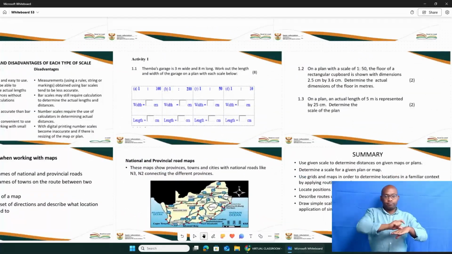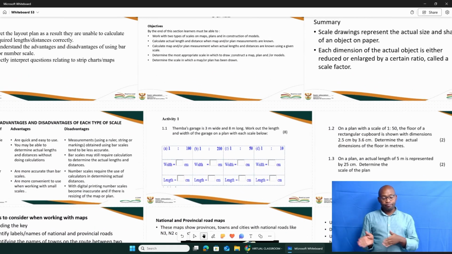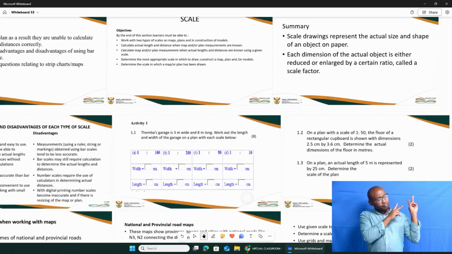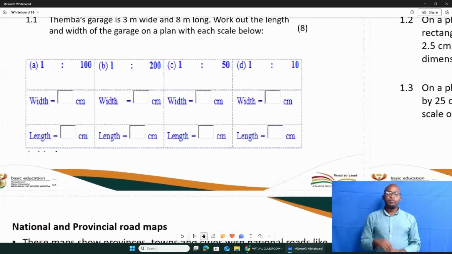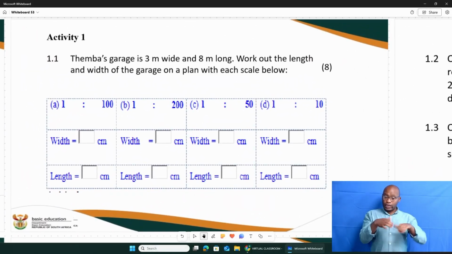Let's have a look at the activities on scales and the reality of this activity. For example, this one: Temba's garage is 3 meters wide and 8 meters long. Work out the length and the width of the garage on a plan with each scale below.